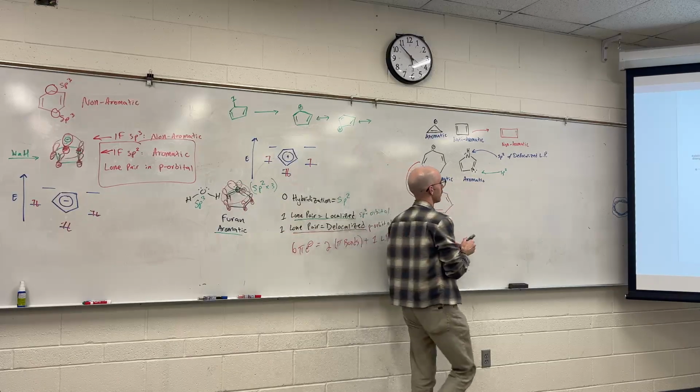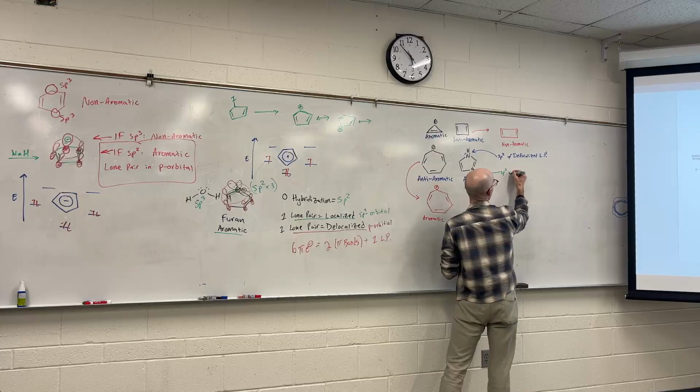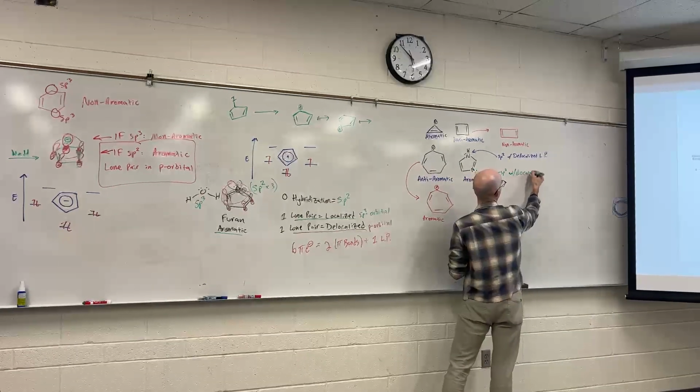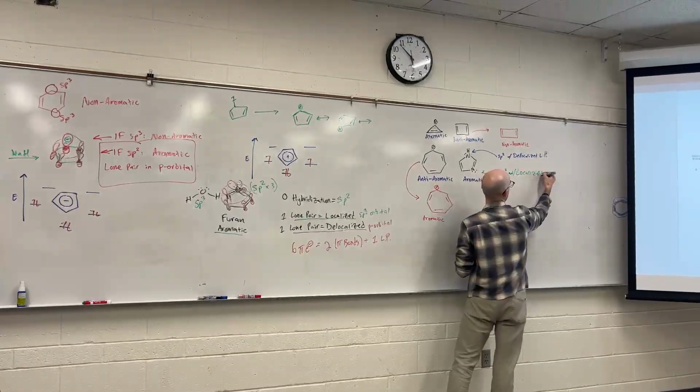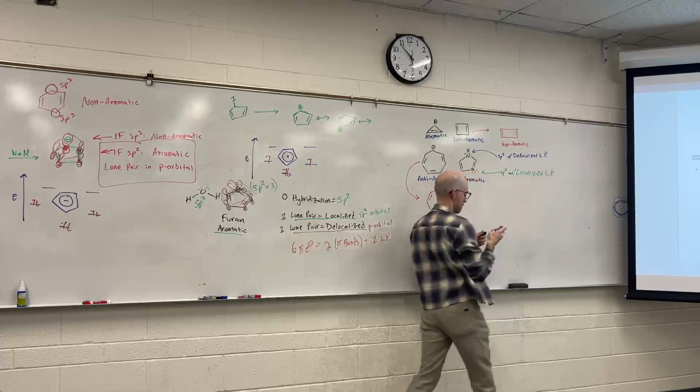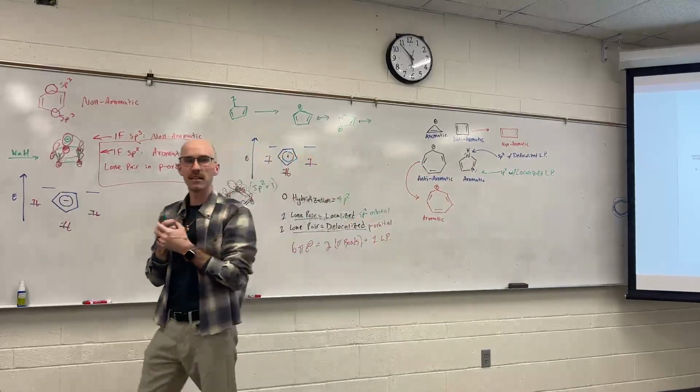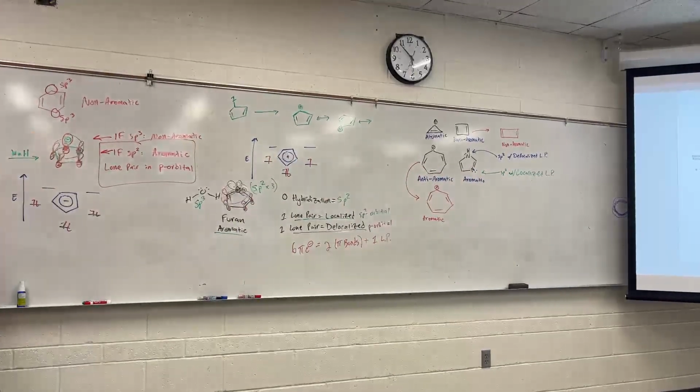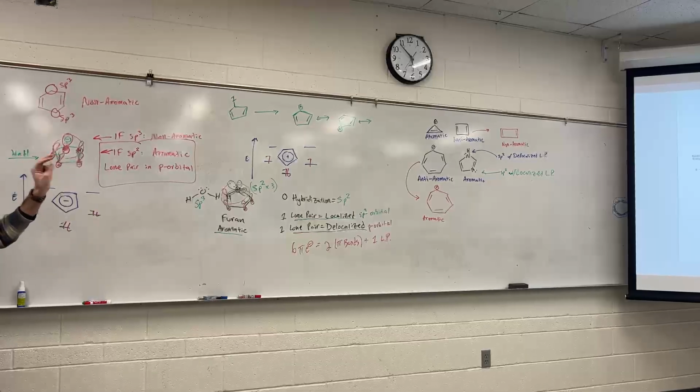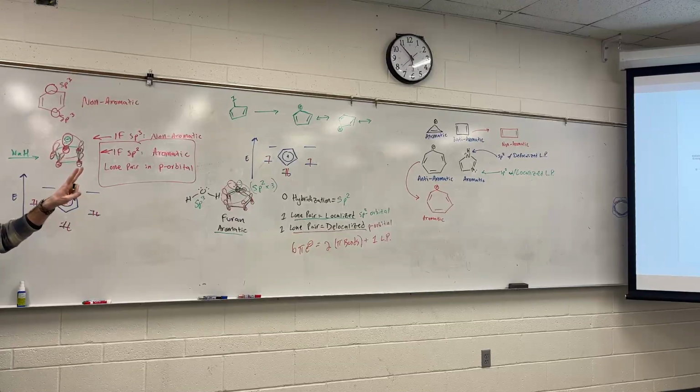This lone pair is localized. This is a challenge, right? The same atom in the ring twice with the same hybridization, but lone pairs contribute to the aromatic system differently.